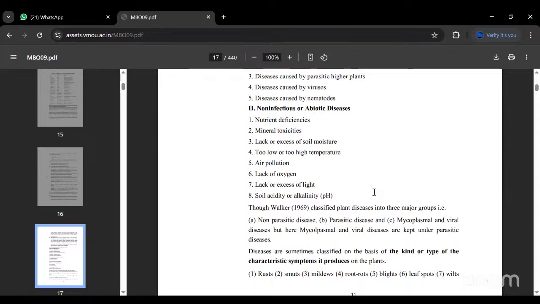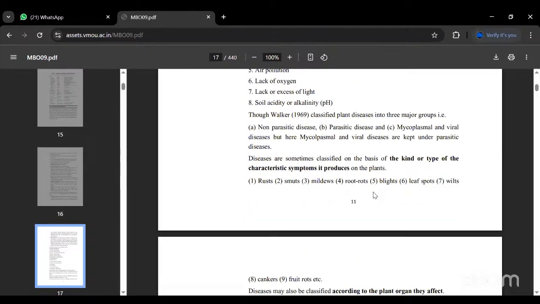Walker in 1969 classified plant diseases into three major groups: non-parasitic disease, parasitic disease, and mycoplasmal viral disease. But here mycoplasmal and viral diseases are kept under parasitic disease.